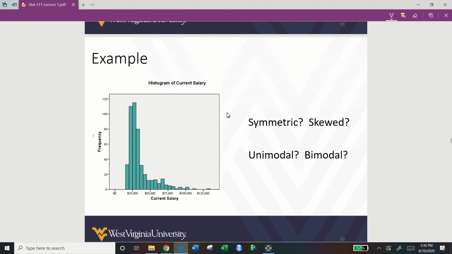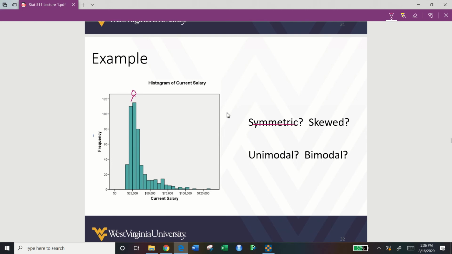So for example, if we take a look at this histogram of current salary, we can ask ourselves, is this symmetric? Is it skewed? Is it unimodal? Or is it bimodal? Well, our left and right are clearly not a mirror image, so it is not symmetric. Therefore, it's skewed. How is it skewed?